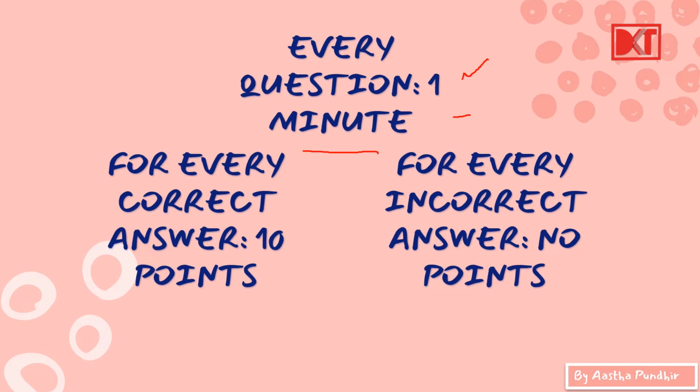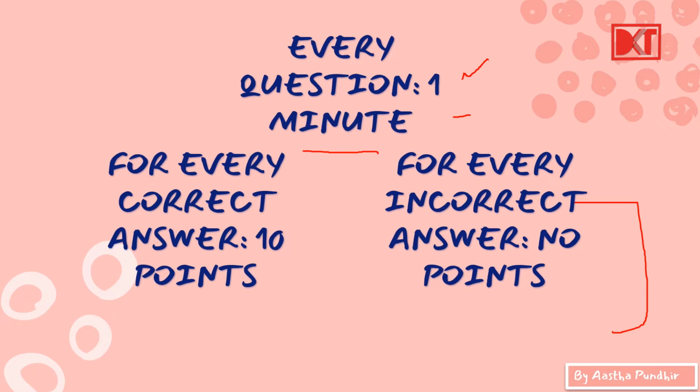All right. Now the other students who are not able to answer the question in 1 minute, you don't skip to the answer. You pause the video and you write down your answer. All right, it is very important to answer each and every question because there is no negative marking. For every incorrect answer, no points, because there is no negative marking in IEO, so it is important that you attempt all the questions.